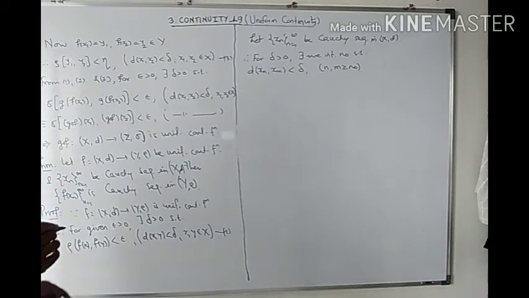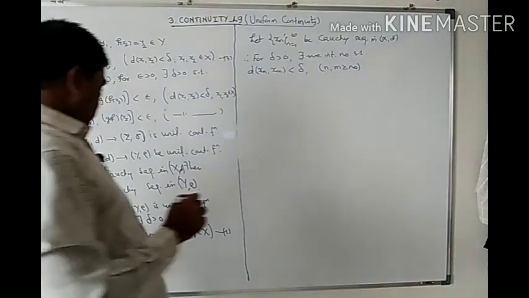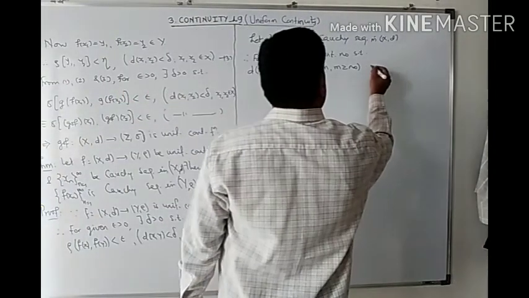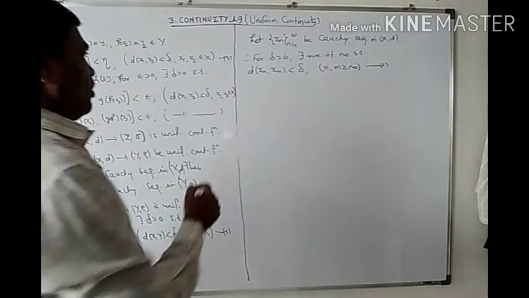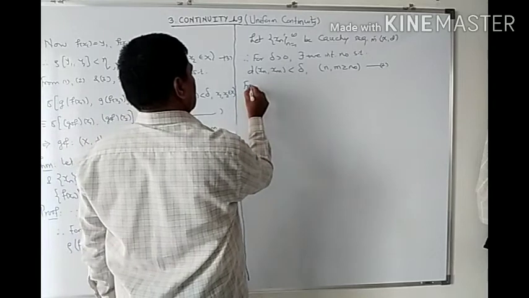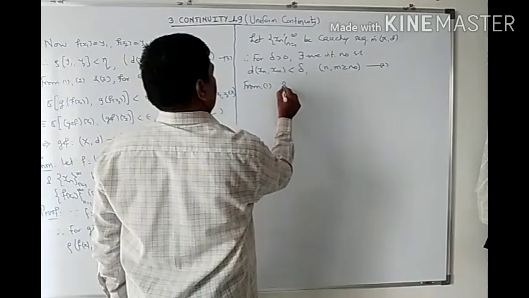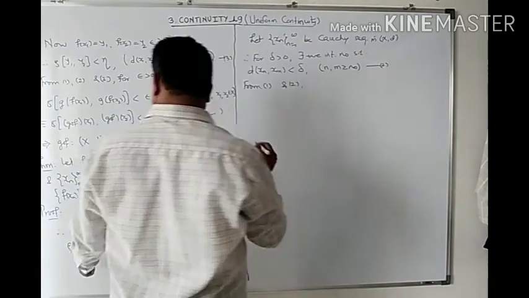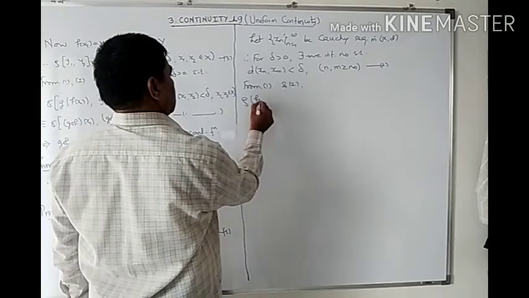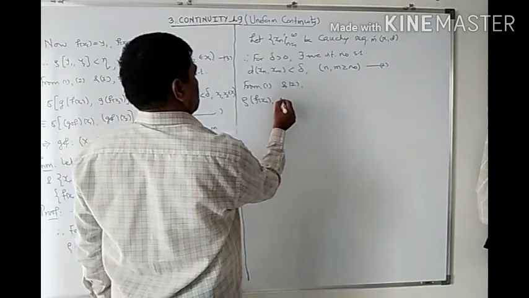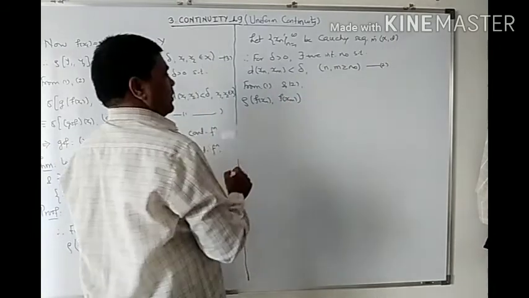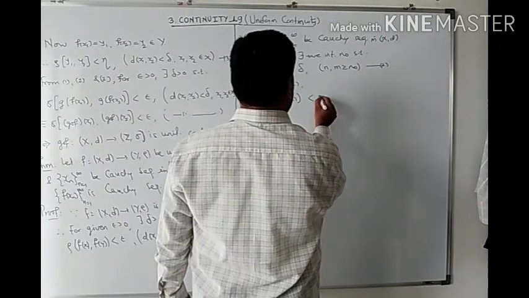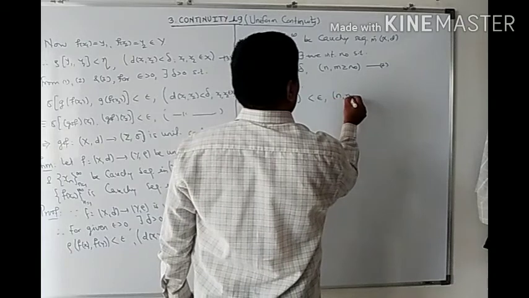This is 2. So from 1 and 2, rho of f of xn, f of xm must be less than epsilon for any n, m greater than or equal to n naught.